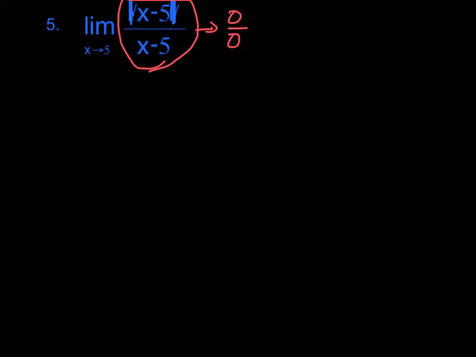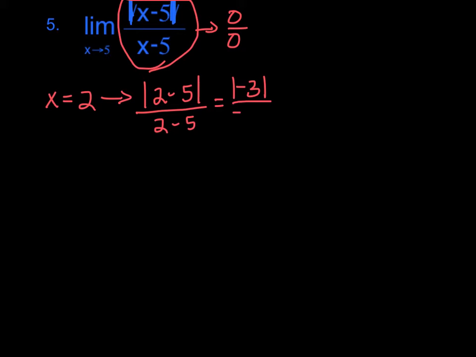So for example, let's say I plug in x equals 2. I'm going to get the absolute value of 2 minus 5 over 2 minus 5. Okay, so that's going to be negative 3, but remember that's an absolute value, and over negative 3. So that's going to be 3 over negative 3, which is going to be negative 1.